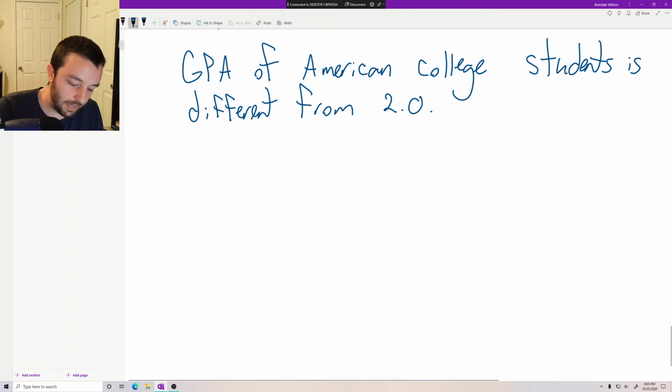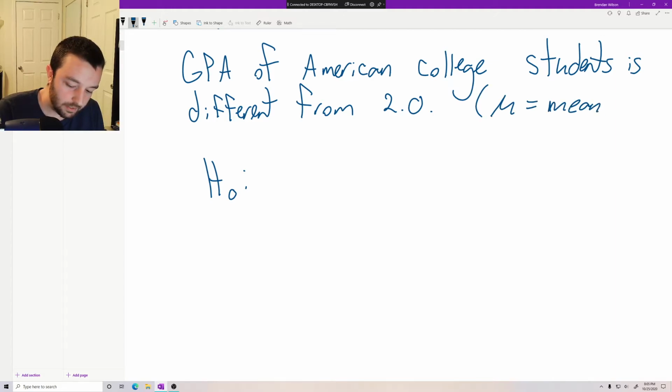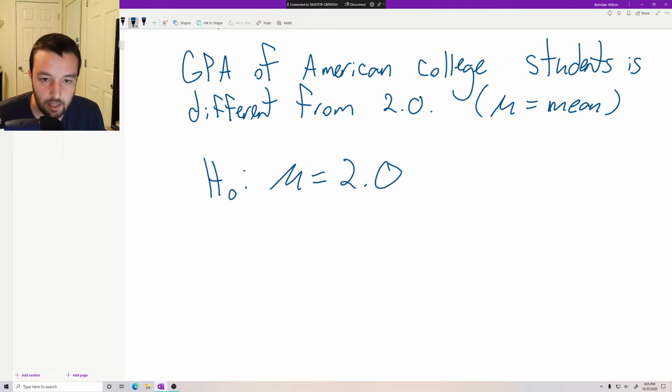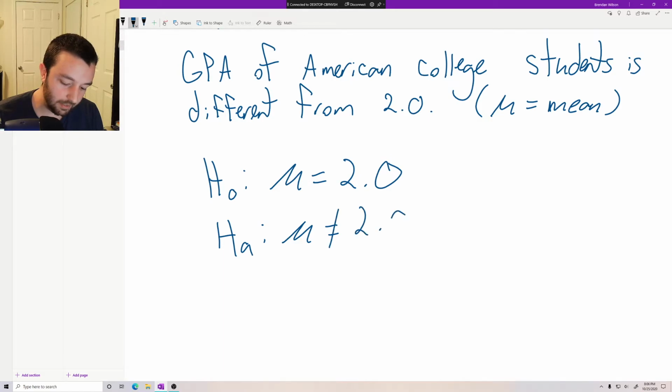So our test would be: H naught is, by the way, we'll let mu be the mean because that's what we normally do. So our H naught would be that mu is 2.0, because it's a statement that the variables aren't different, meaning the mean and the 2.0 are equal. So again, you have to navigate your way through the double negatives here. And the alternative hypothesis would be that it's not 2.0.